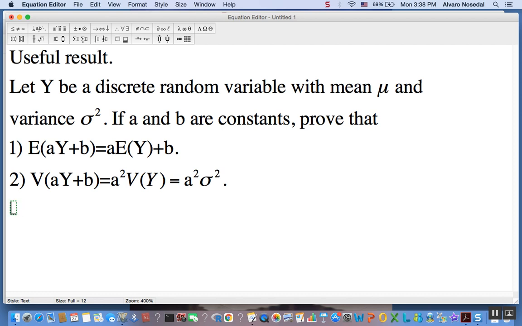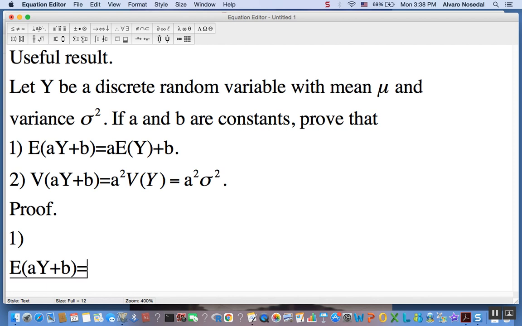Proof. First, number 1, part 1. Okay, so we're going to start from the left hand side of this equation, and we'll see if we can reach the conclusion.